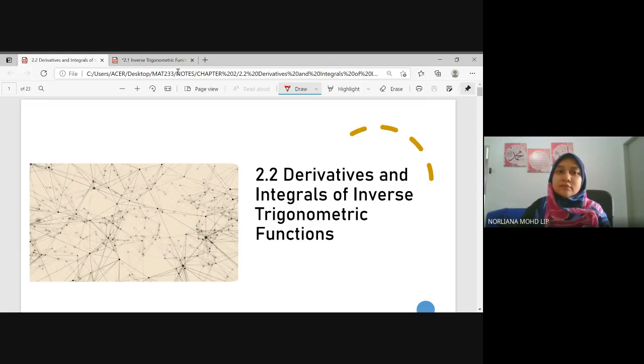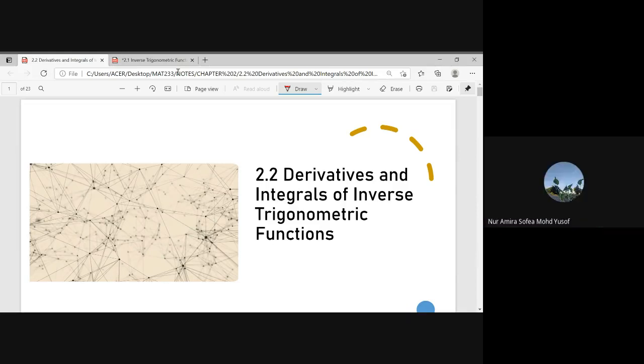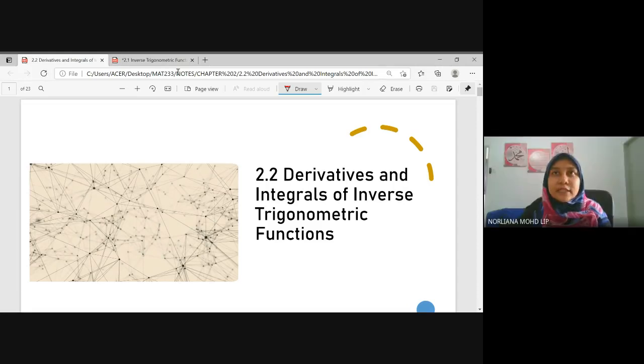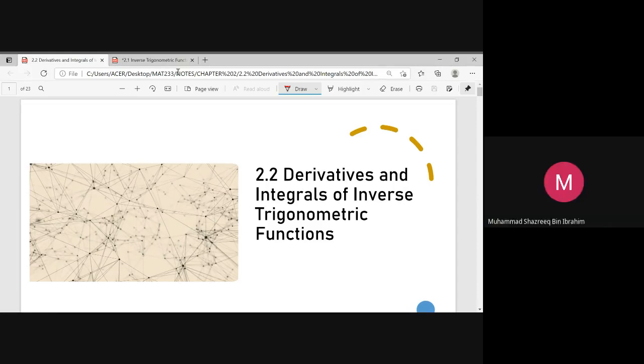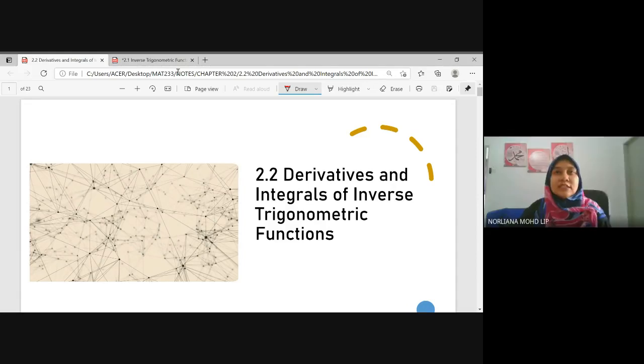Boleh tak? Tak ke laju? Laju tak? Madam, next class rasanya Jumaat. Jumaat. Laju tak saya nak masuk topik baru ataupun nak buat tutorial dulu? Sebabnya ni cover 2 subtopik, triangle and derivative and integrals.